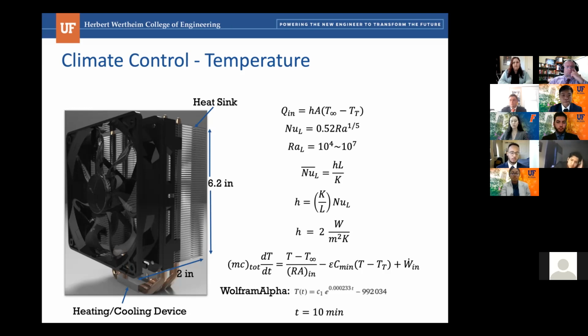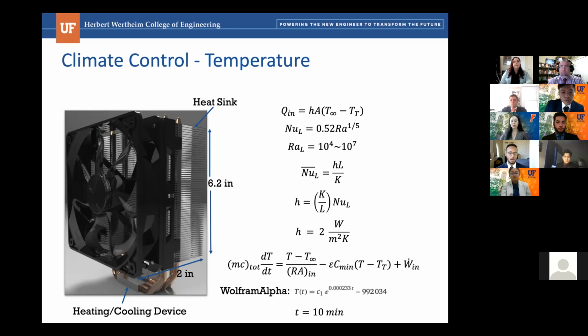And so combining together the heat transfer into the system, as well as the work inserted into the system due to the motors and other sorts of electronics, and looking at the very bottom equation, the second part of the equation is related to the heat fin efficiency of the specific heating and cooling device.